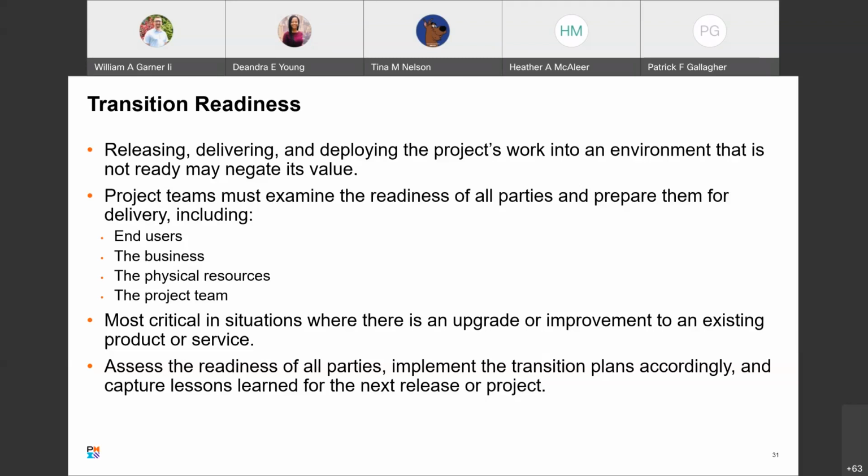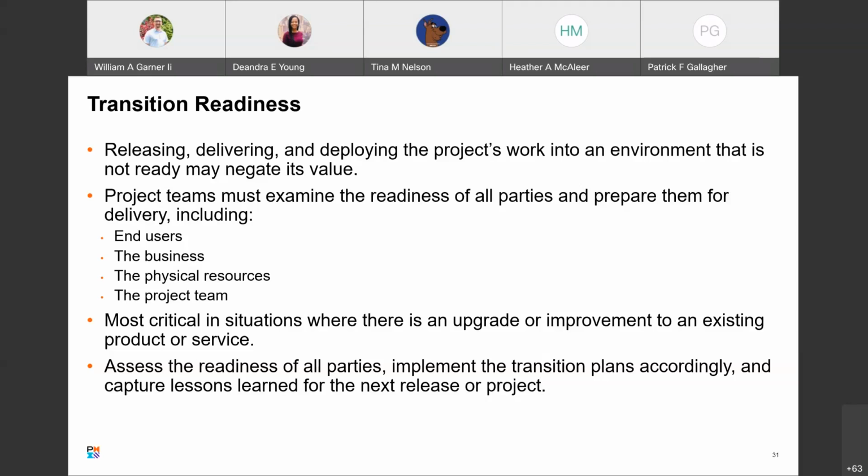I think so, because Agile really takes the waterfall process and breaks it down into whatever sequence of cycles, whether it's 6 weeks or 12 weeks, however that works. And you do need to ensure that all the parties are aligned, including the end users, the business, the resources, and the project teams, to make sure you're ready for that Agile delivery.